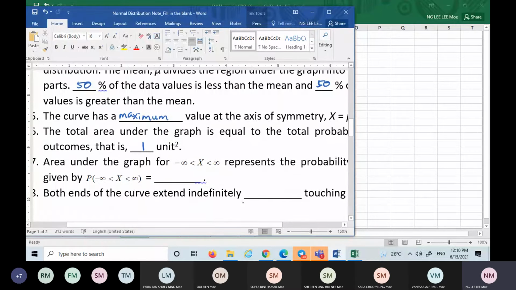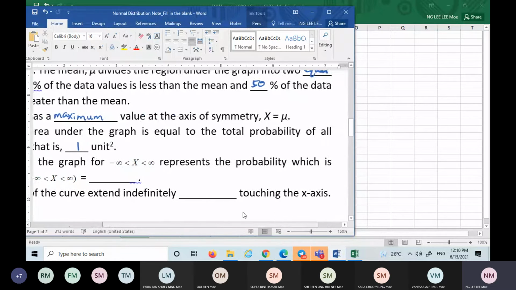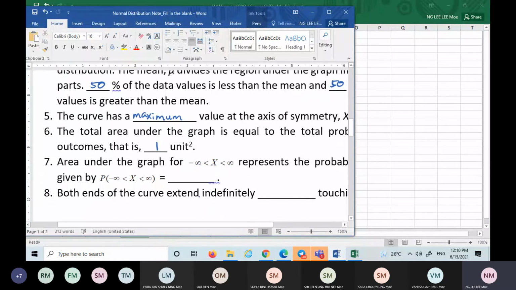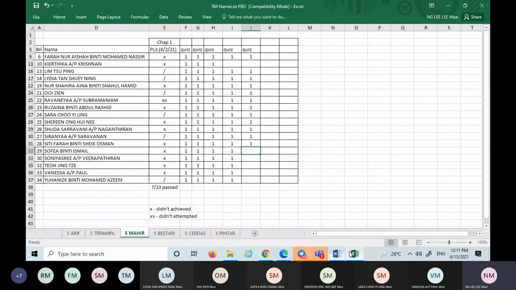Next, the area under the graph for x from negative infinity to infinity represents the probability, which is given by P(x from negative infinity to infinity), which is equal to what? Sonia 3, what's the answer?